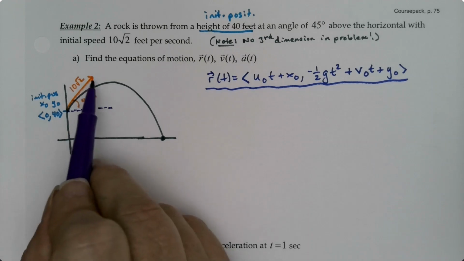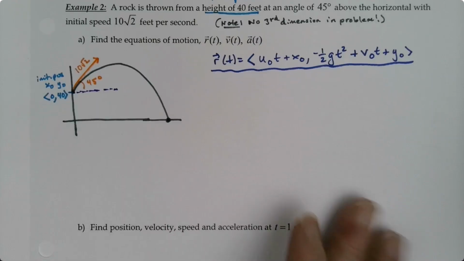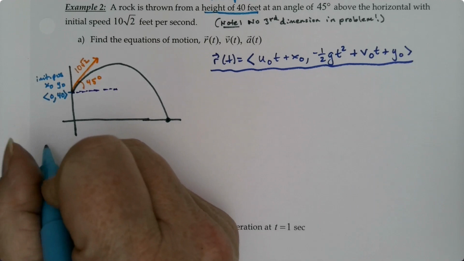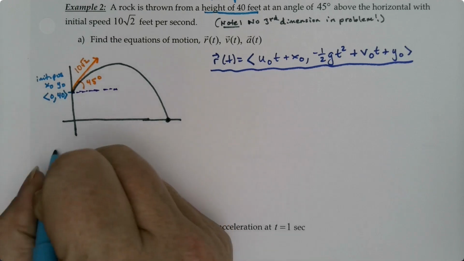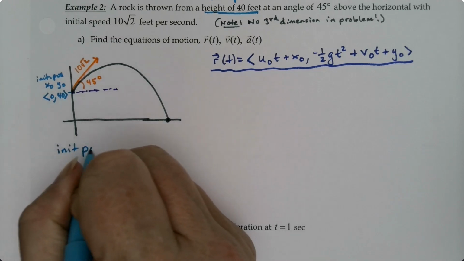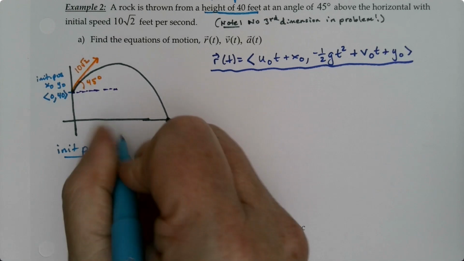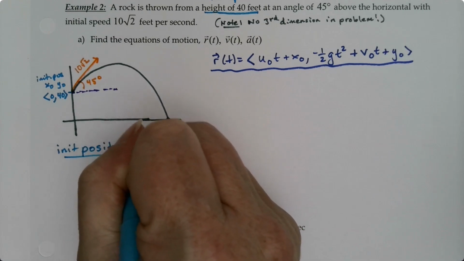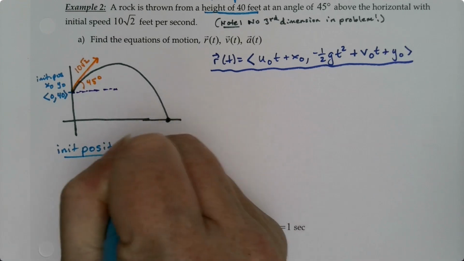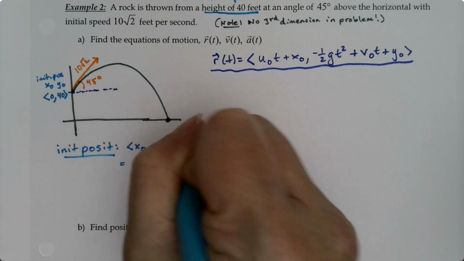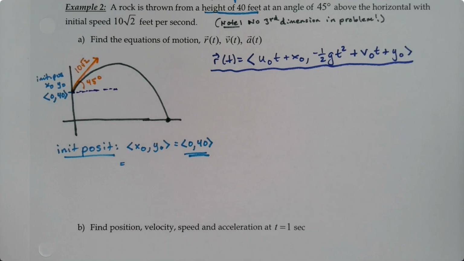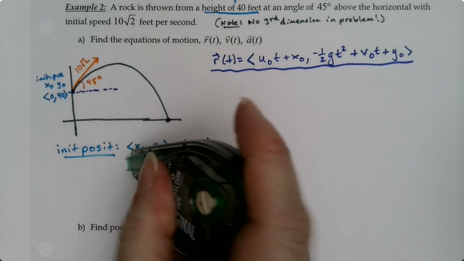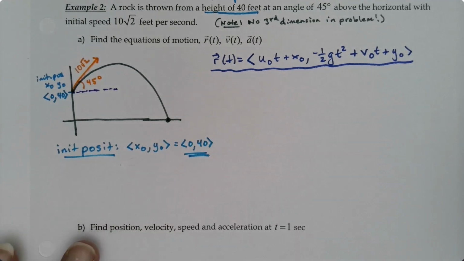All right, so I need to come up with that initial vector. So let me just write these down over here. We're going to make some notes. The initial position, which I already did, but that's okay, I'll do it again. It's x0, y0 is 0, 40. That one's nice and easy. And the other one's actually not too bad either, because this is in only 2 dimensions, right?